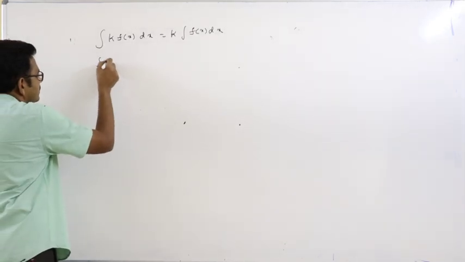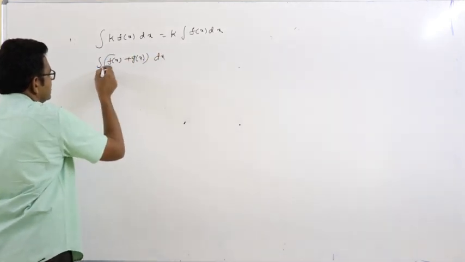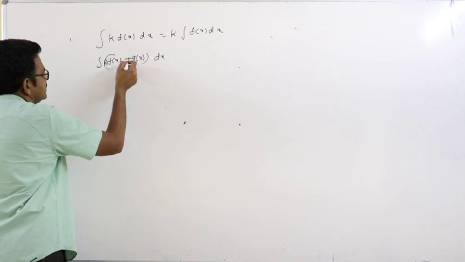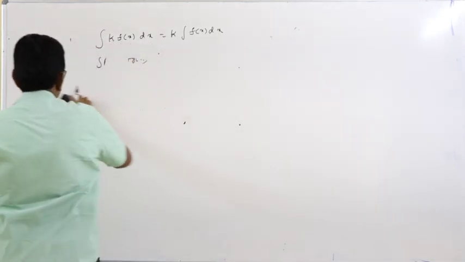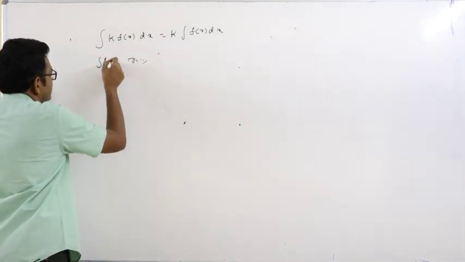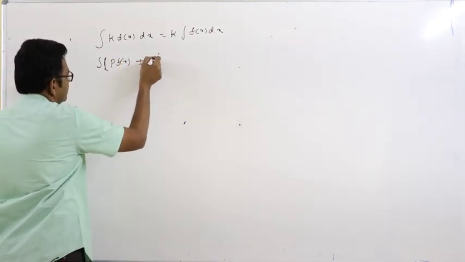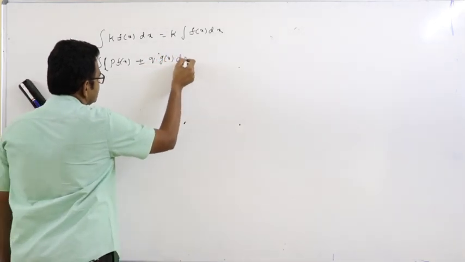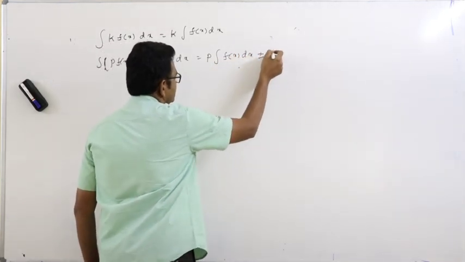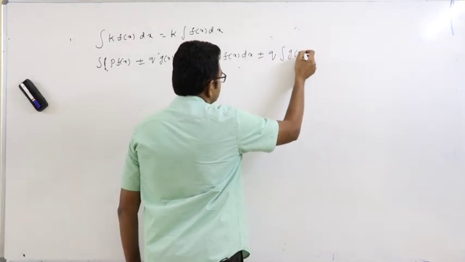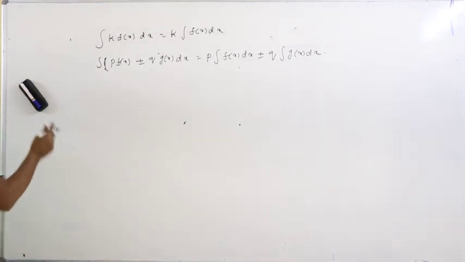And the integral of f of x plus g of x dx: write some constants, let it be some p and q. So integral of p into f of x plus or minus q into g of x dx is equal to p, a constant, integral f of x dx plus or minus q, a constant, integral g of x dx. Now we have to go for some problems.